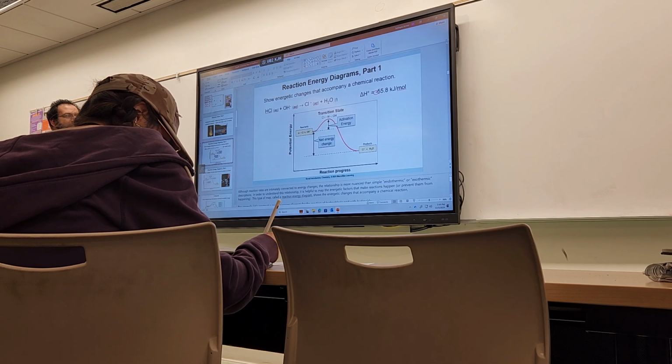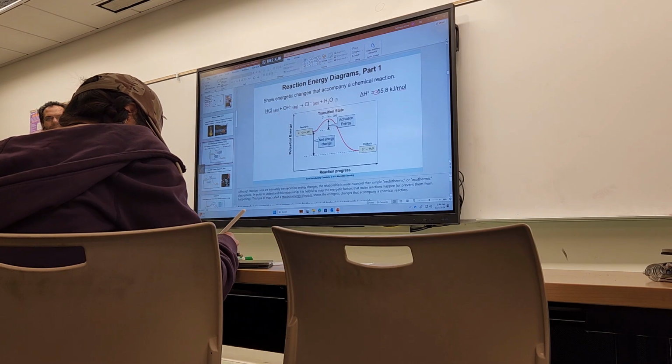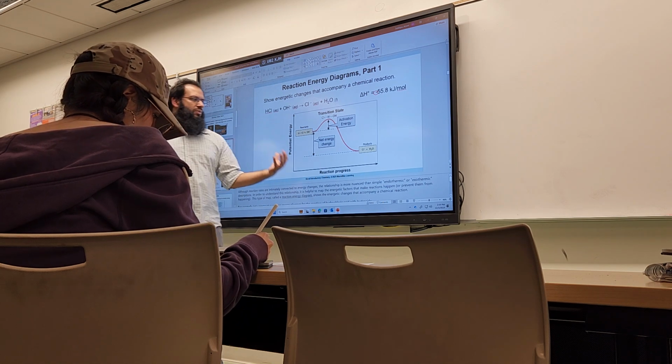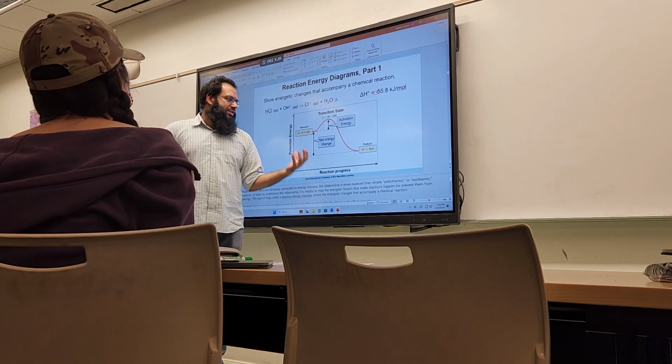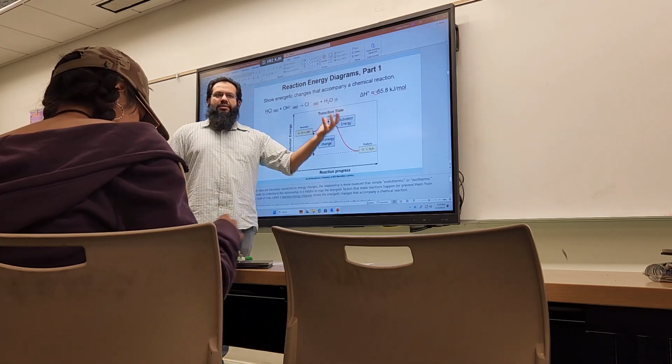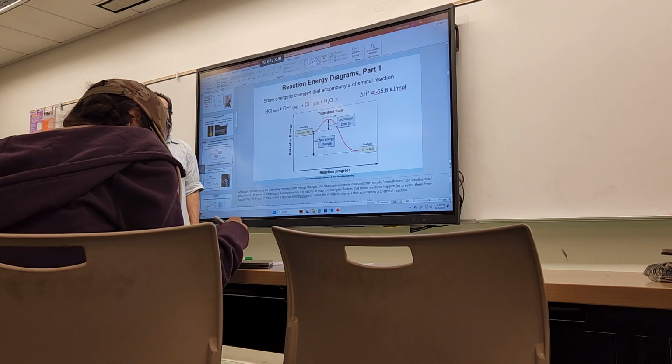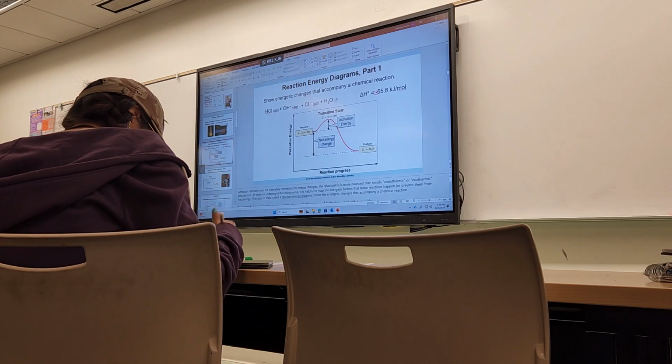And then we wrote down our energy diagram, right, where something goes from one state to another state. It goes from the reactants to the products. Based on the shape of the curve, you should be able to predict if the reaction is endothermic or exothermic.